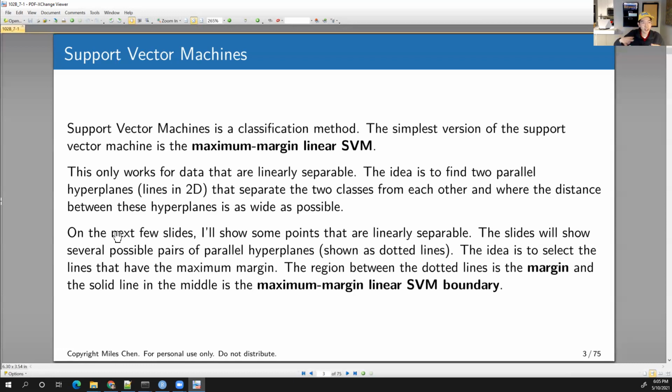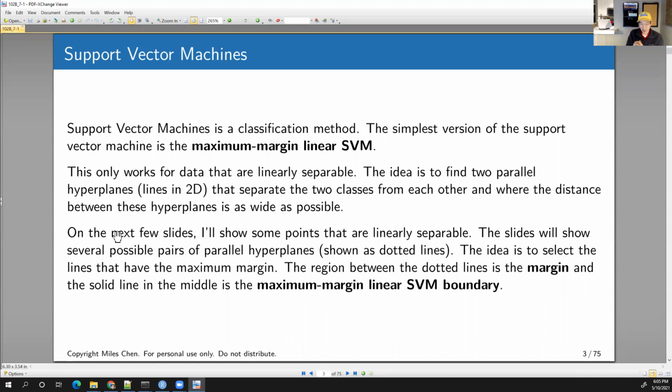And if it's in higher dimensions, then you have this hyperplane, which we can't really visualize, but it's the same idea as a straight line or a flat surface, just in higher dimensional space. Basically, we want to be able to separate the two classes from each other. And we have to find two hyperplanes. In 2D, we're going to find two parallel lines, and we want the distance between the lines as wide as possible, okay?